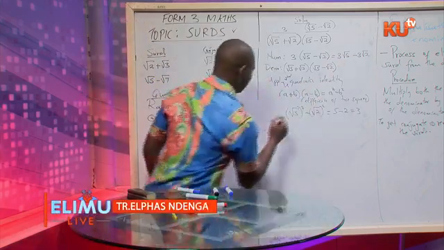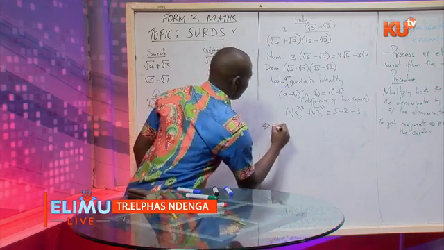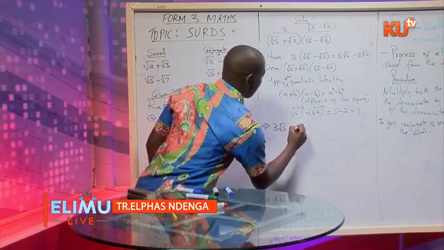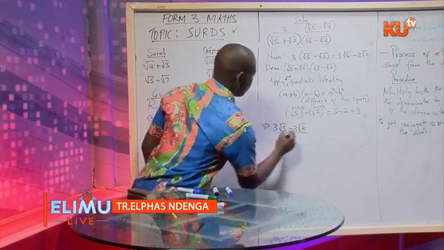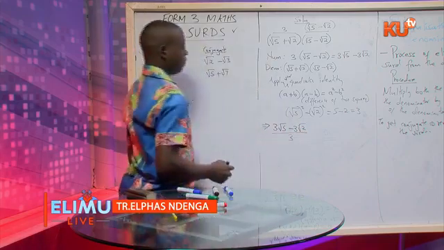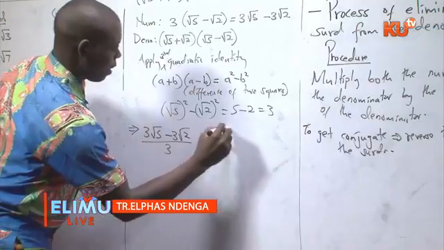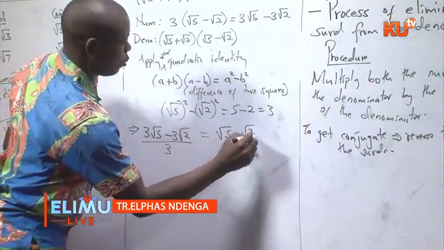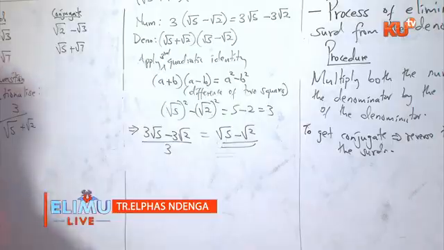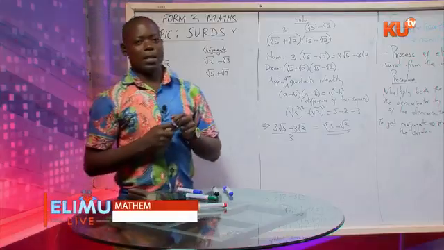Now, divide it and say, this will become 3 root 5 less 3 root 2 over 3. So this gives us root 5 less root 2. We shall have rationalized our denominator.